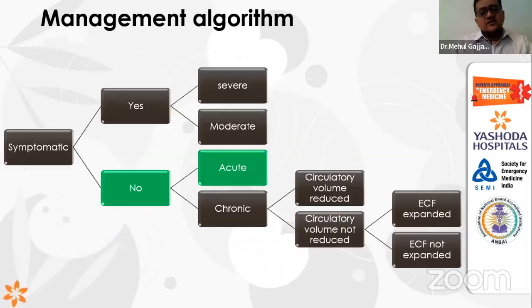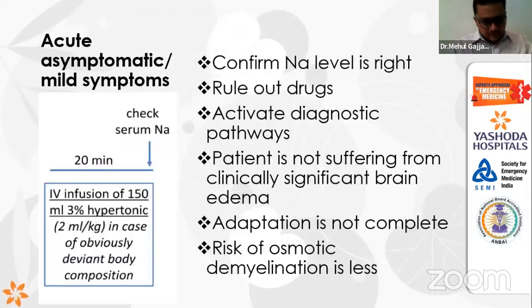Now coming to the interesting part, where a patient is asymptomatic and has an acute onset, acute fall in sodium level. The patient does not have symptoms, but his serum sodium level has fallen to say 115 or 112. So in this kind of patient, what to do, whether we have to correct aggressively or not.